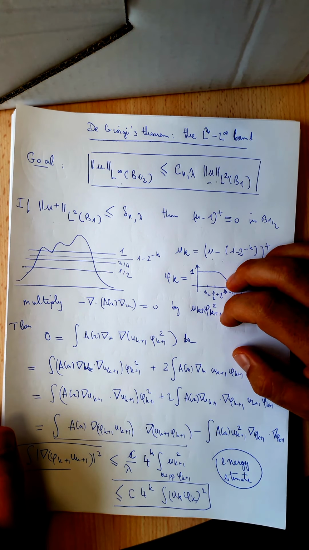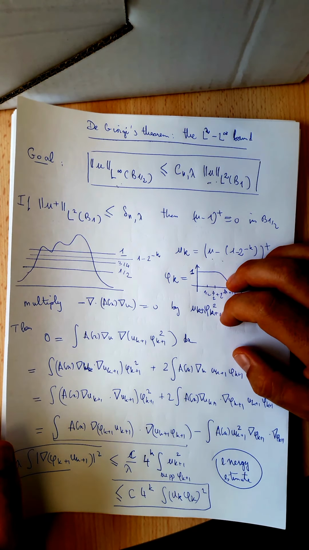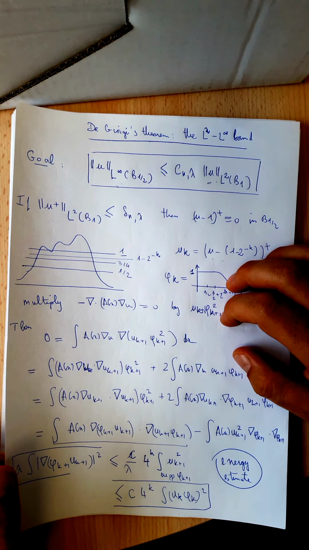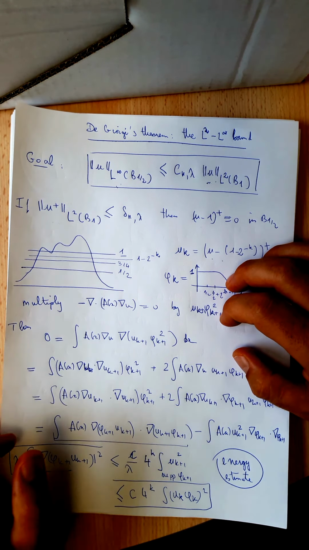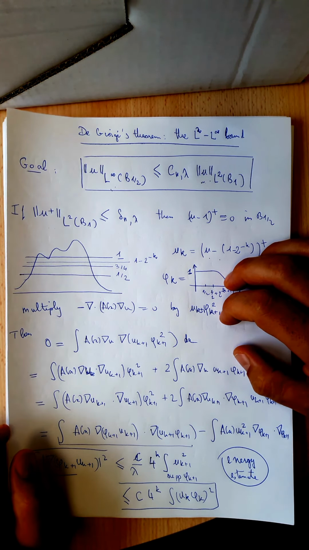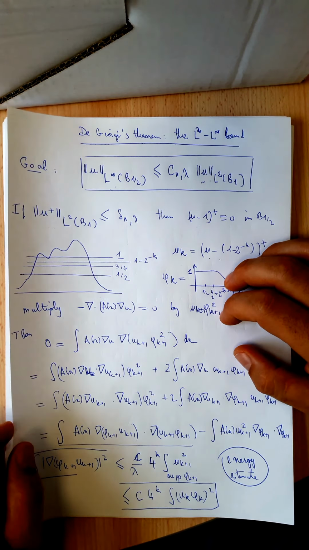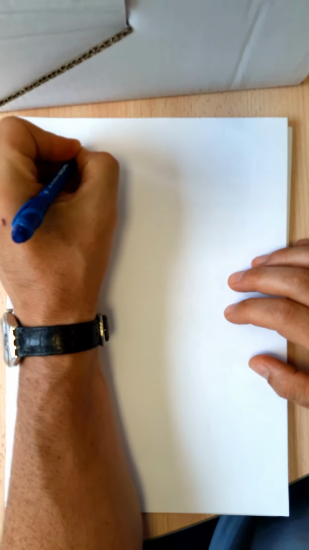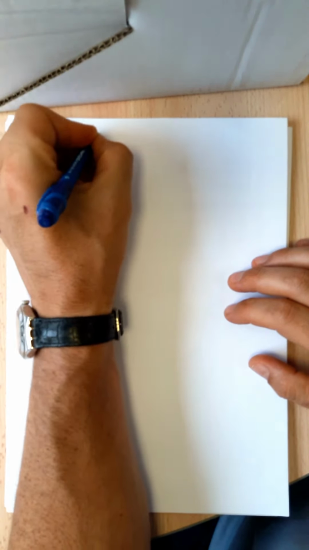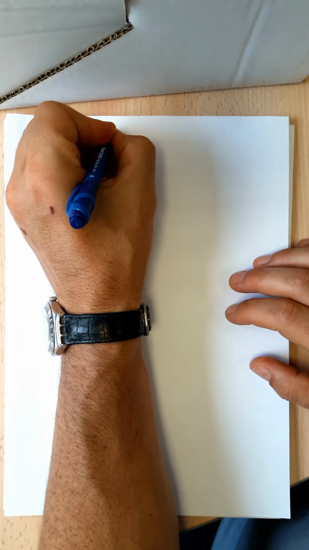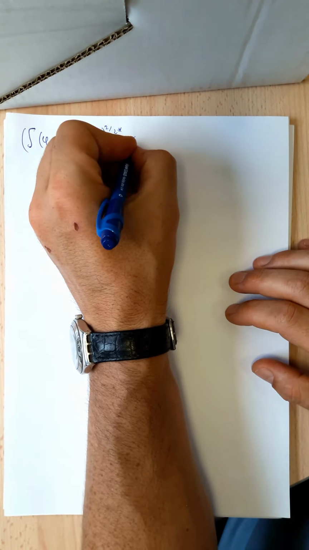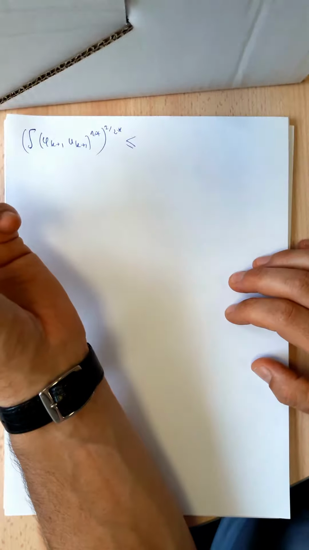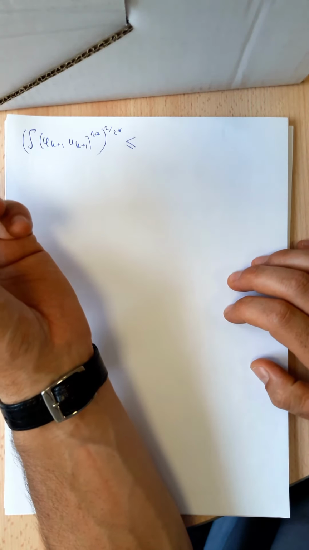And now instead of the isoperimetric inequality that we use for minimal surfaces, we're going to use its analog for elliptic PDEs, which is the Sobolev inequality. And the Sobolev inequality states the following, that the integral of phi k plus 1 u k plus 1 to the 2 star, to the 2 over 2 star, is going to be less than a constant times the integral of gradient squared of the same quantity.